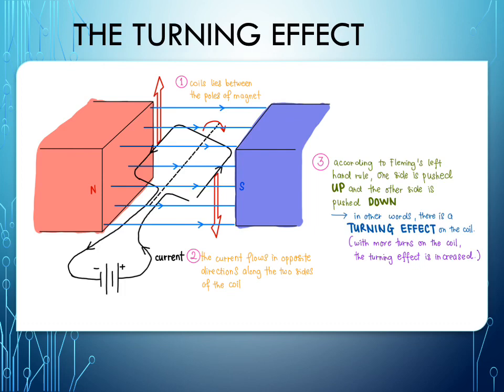Okay, so kamu kena ingat, so jari, the first finger will show the direction of magnetic field. So maksudnya magnetic field ni dia akan bergerak daripada north ke south. So maksudnya jari telunjuk kamu akan tunjuk daripada kiri ke kanan.